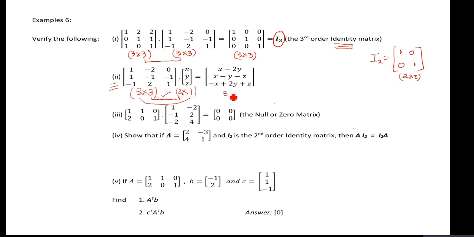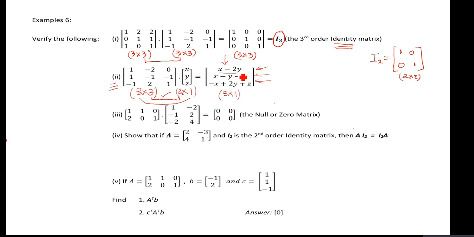So this is a 3 by 1. Now look very carefully. At first glance, you would say, no, but there's 3. No, there's not 3 columns. There's only 1 column. There's 3 rows. Yes, there's 3 rows, 1, 2, 3. But there's only 1 column.